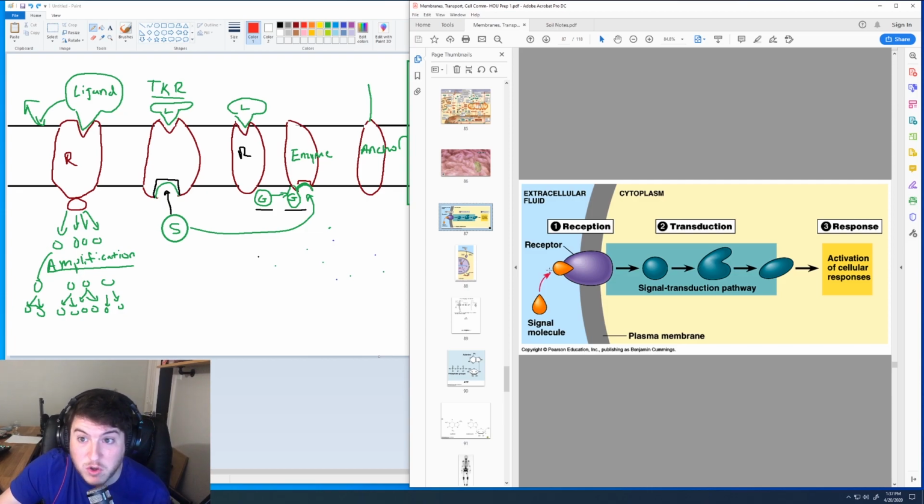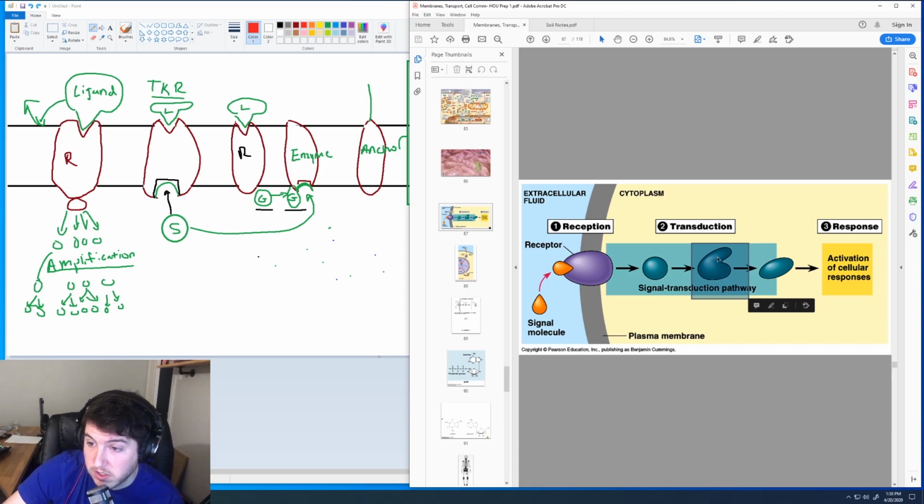And one of the questions was label this picture. You had to go through and say there was a box here, a box here, and a box here, and you had to label this is reception, this is transduction, this is the response. That was a point. Then there was a follow-up question: imagine this protein gets inhibited. What happens? You had to say, if this protein gets inhibited, that means that this protein doesn't activate, which means that the cellular response, whatever that is, doesn't happen.